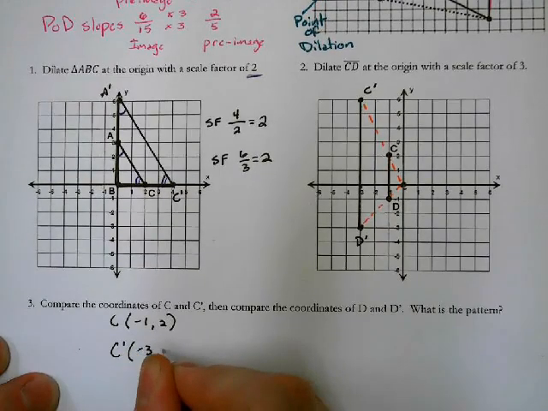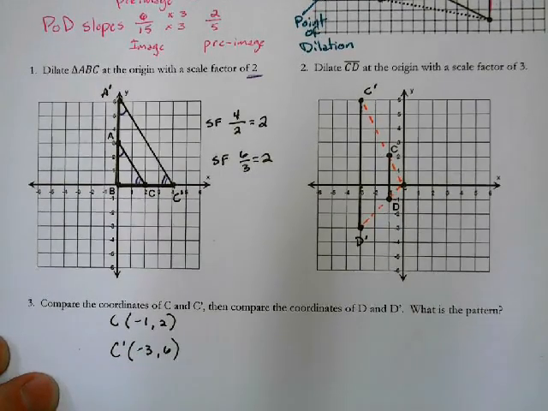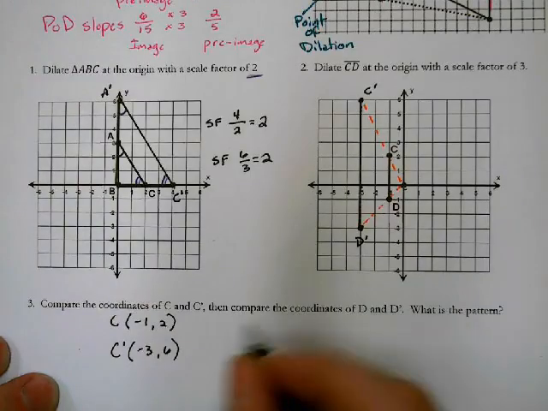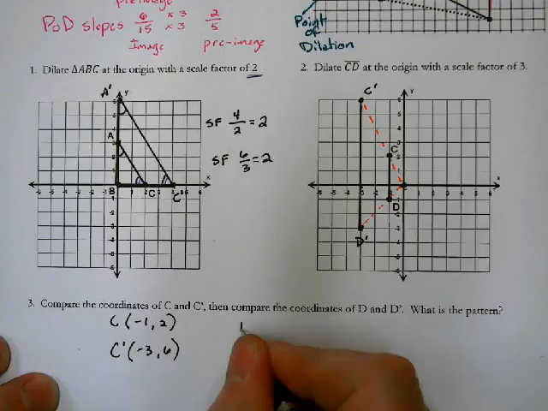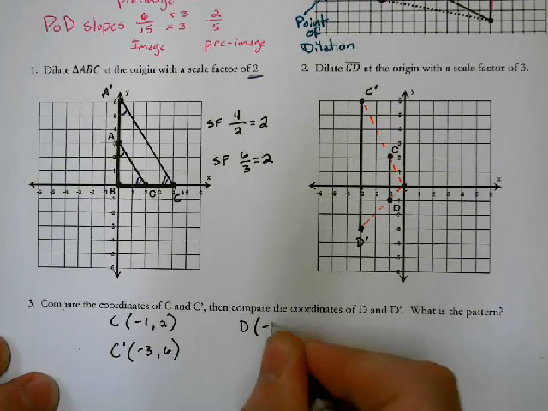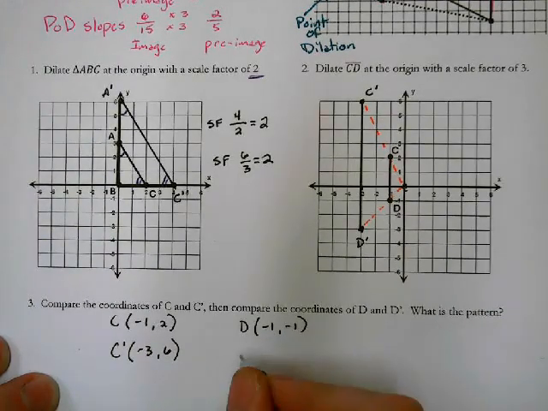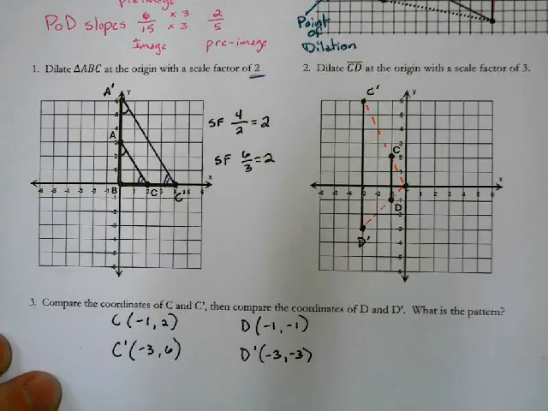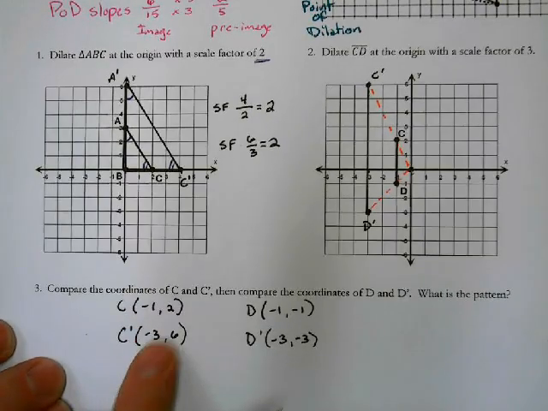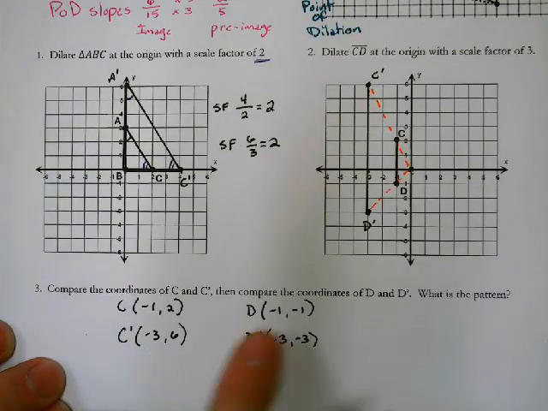Okay, D to D prime. D was at -1, -1. D prime is at -3, -3. What do you see there? C to C prime, D to D prime. See what happened?